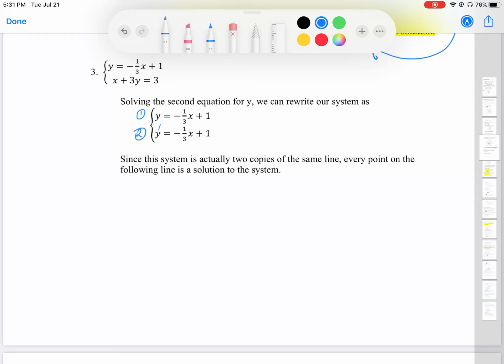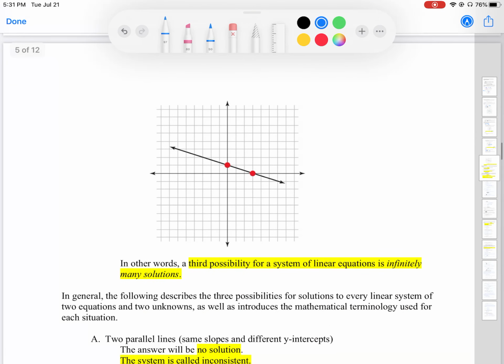They're exactly the same. If they're exactly the same, then the two graphs would overlap. And so every single point that you can imagine that exists on these lines would be an answer. So for that, we say there are infinitely many solutions. When you see infinitely many solutions, it means they're the same line.